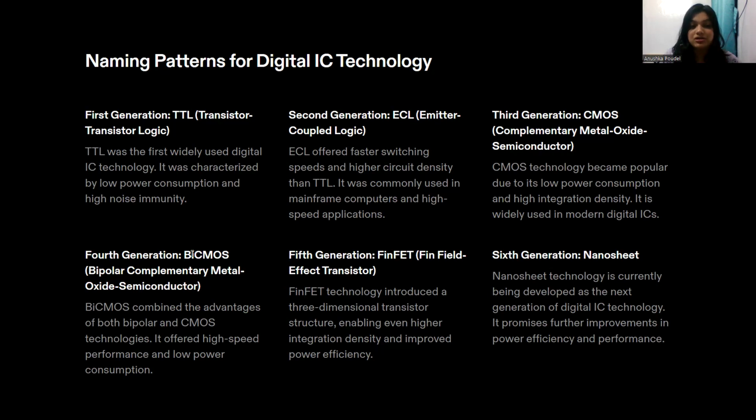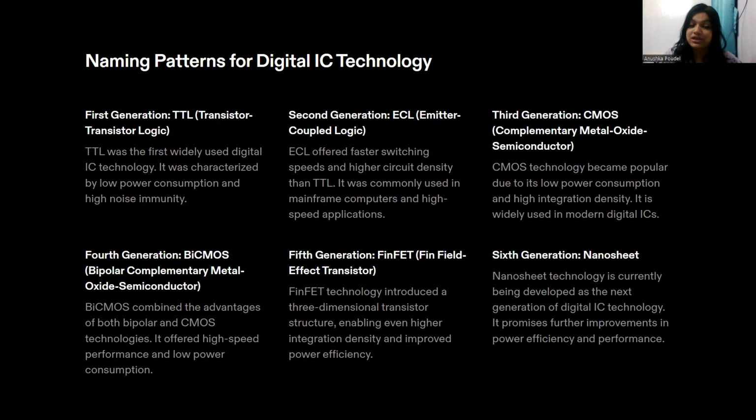The fourth generation is BiCMOS, bipolar complementary metal oxide semiconductor is the full form. BiCMOS combined the advantages of both bipolar and CMOS technologies. It offered very high speed performance and low power consumption. The fifth generation is FinFET. Fin field effect transistor is the full form.